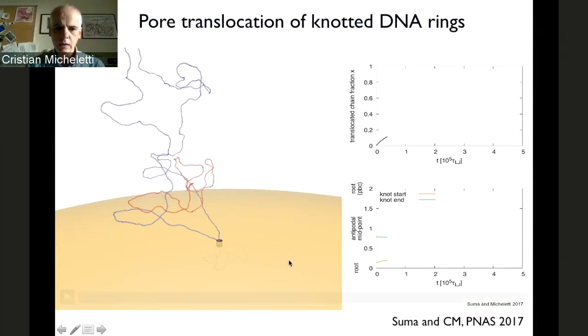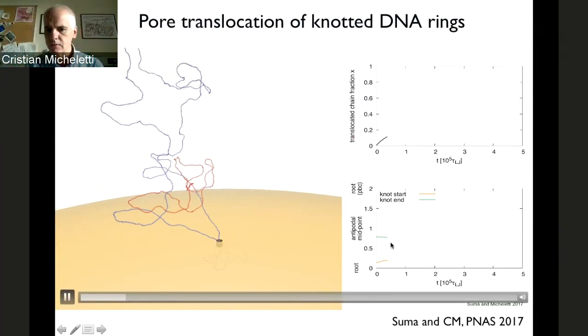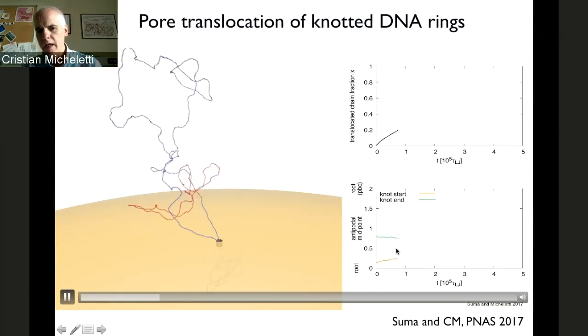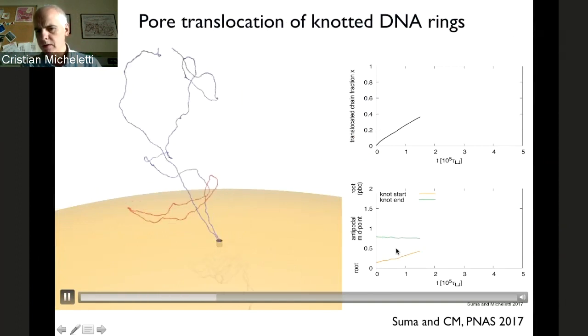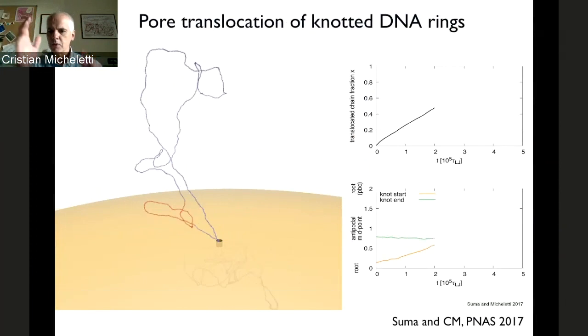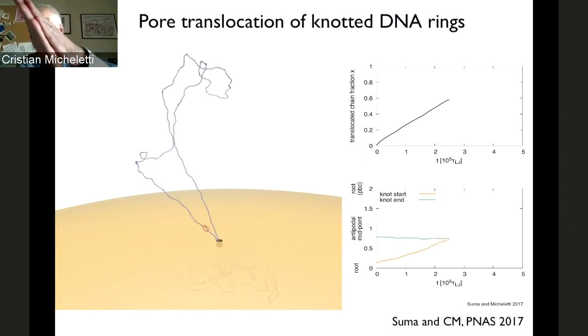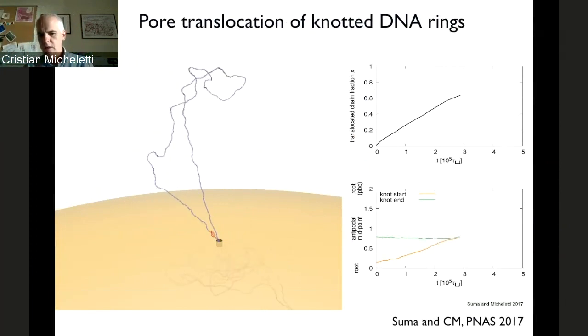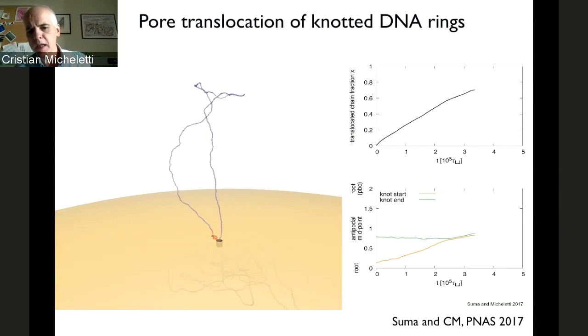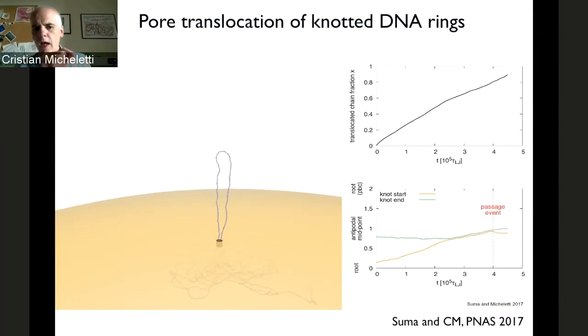And that summarizes very aptly the fact that as the translocation progresses, the knot tightens because these two curves approach each other. Then the knot is very tight. It makes a few diving attempts to dive into the pore. And when it has passed on the other side, it opens up again for entropic reasons.